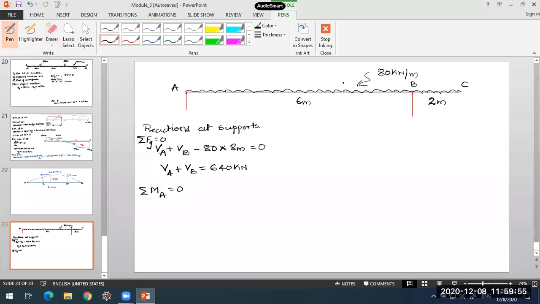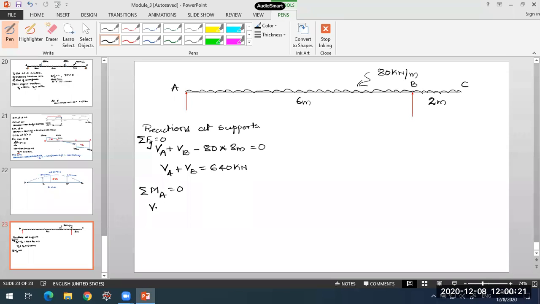When you have an overhang, if the overhang is on only one side, it is better to take moment about this point, so all the moments you can consider easily. When the overhang is present on both sides, it doesn't matter whether you take here or anywhere, because the overhang will be there on both sides of the support.